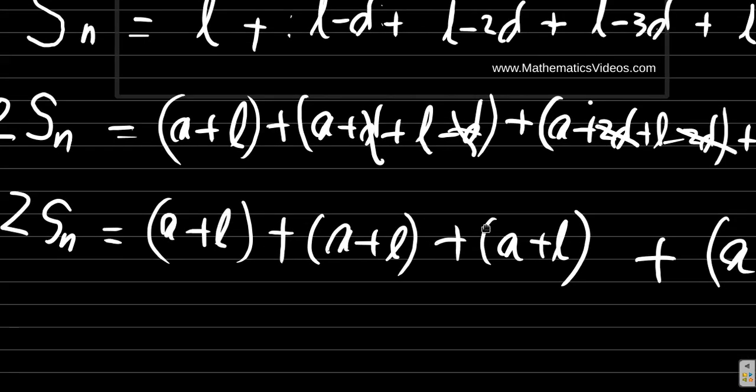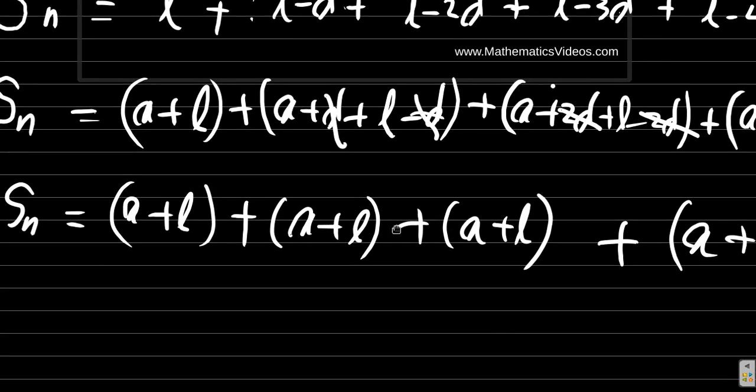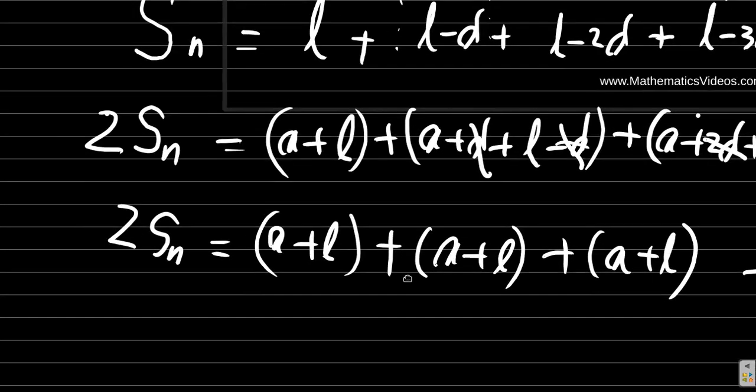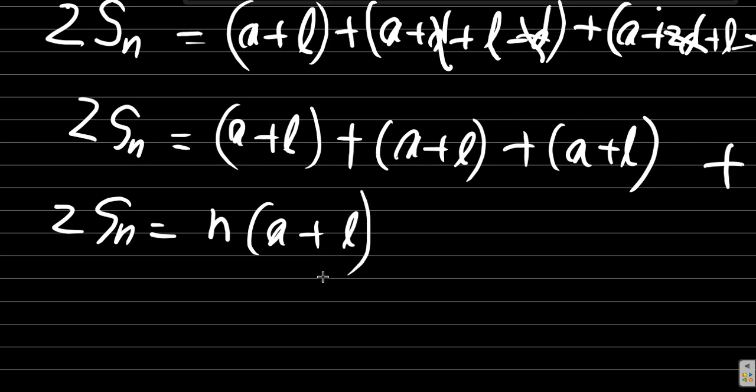Now, this A plus L plus A plus L plus A plus L plus A plus L and so on. You have n times A plus L. So, instead of adding A plus L to itself over and over again, write 2Sn equal the number of terms times A plus the last term L. Alright?